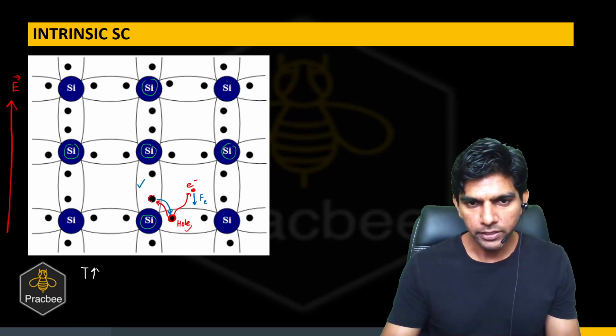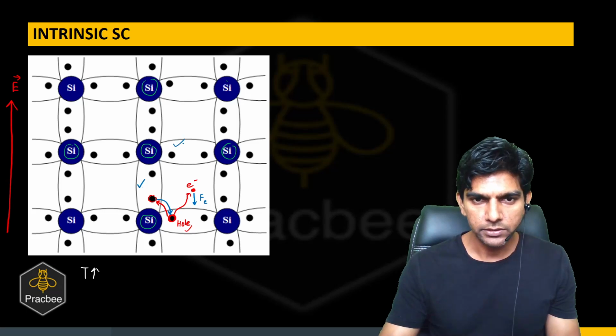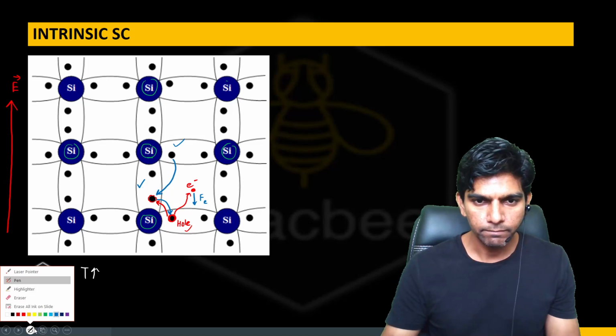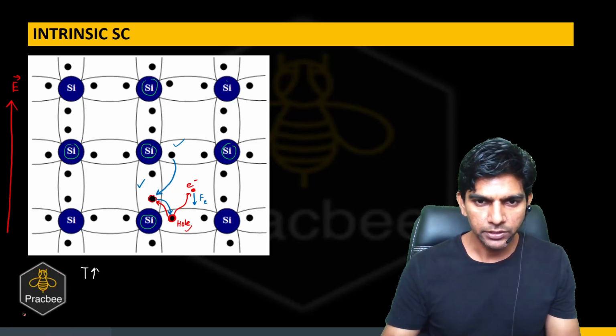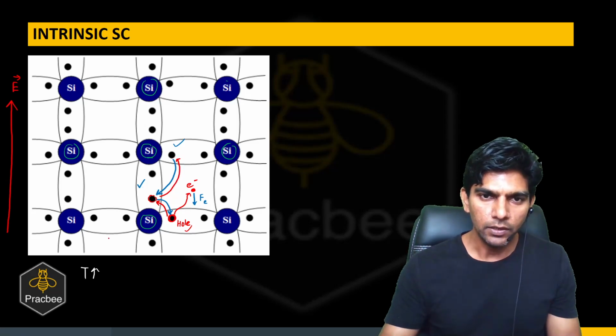Now this becomes the hole, right? Now, let us say this bond breaks. If this bond breaks, this electron will occupy this hole and the hole will migrate in the opposite direction, so the hole moves in this direction. Now let us say this bond breaks.